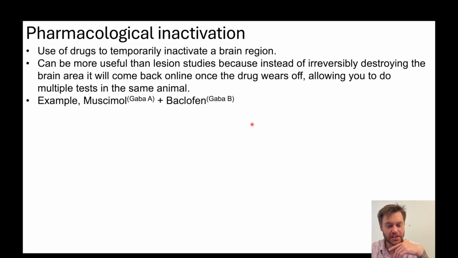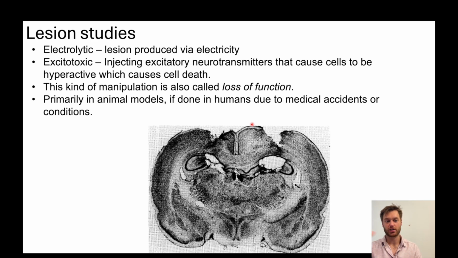The next technique, and the way I'm describing these studies is in chronological order. All of these techniques can still be used in contemporary neuroscience, but lesion studies are not used nearly as much as the next several types of techniques that I'm about to describe. That's because a drawback of lesion studies is that they're hard to control. You don't have the granularity or specificity that you will get in the next one.